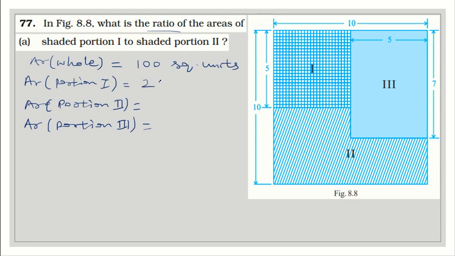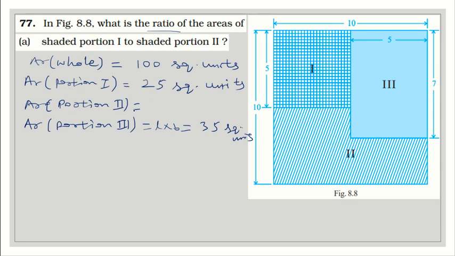So it is 25 square units because it is a 5 by 5 square. And area of the shaded portion number 3 is easy. How? It is length into breadth. It's a rectangle shape, 7 in length, 5 in breadth. So it becomes 35 square units.